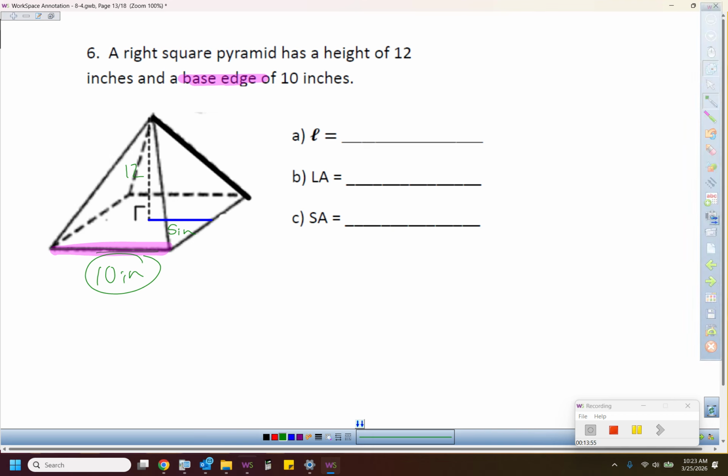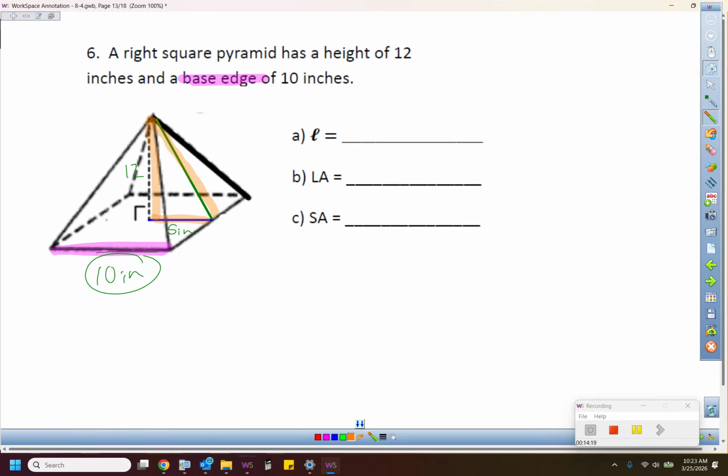It's hard to see, but that is right there in the center of the base, and I'm going to go over here. The reason why is because the first question asks me to find this green segment, which is known as what? What is that green segment called? The slant height. Use a straight edge to draw that in. As difficult as that is for a lot of people to see, I think we're getting to the point where we're understanding.